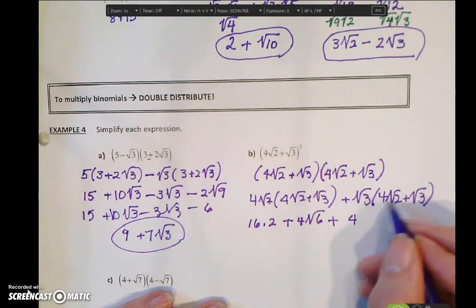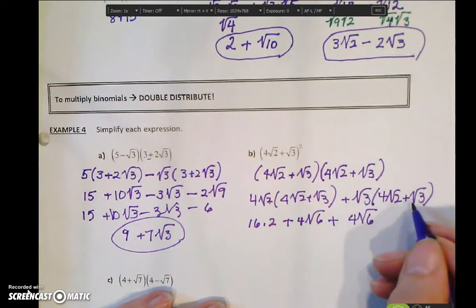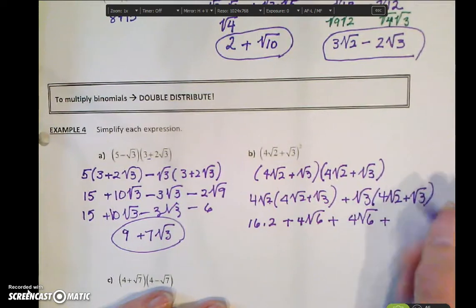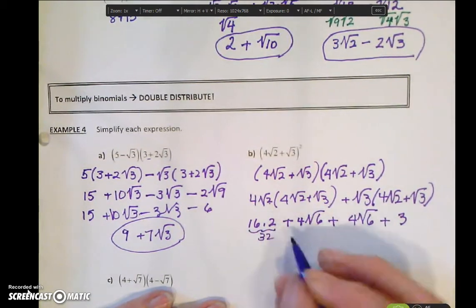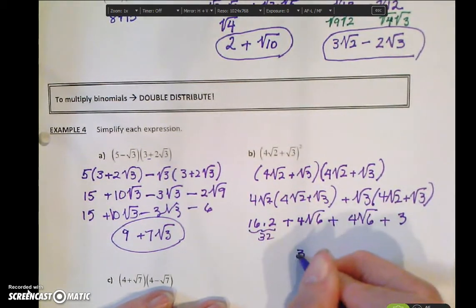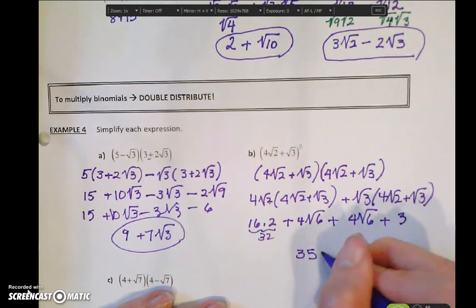Then I have radical 3 times radical 2, which gives me radical 6. And then radical 3 times radical 3 is radical 9, which is 3. So this is a 32. So I have 32 plus 3, so that's going to be 35. And then 4 radical 6 plus 4 radical 6 is 8 radical 6.